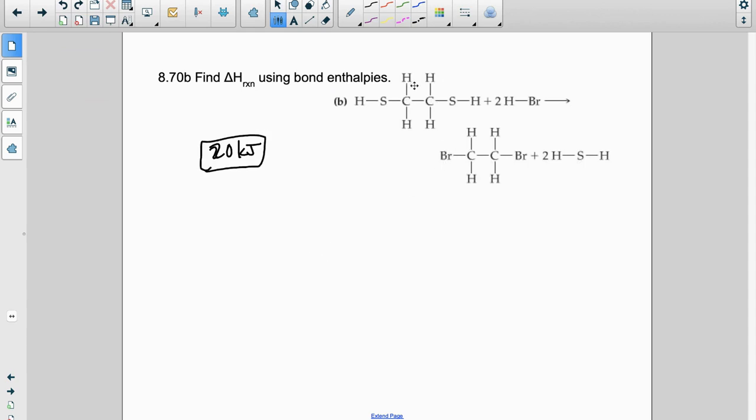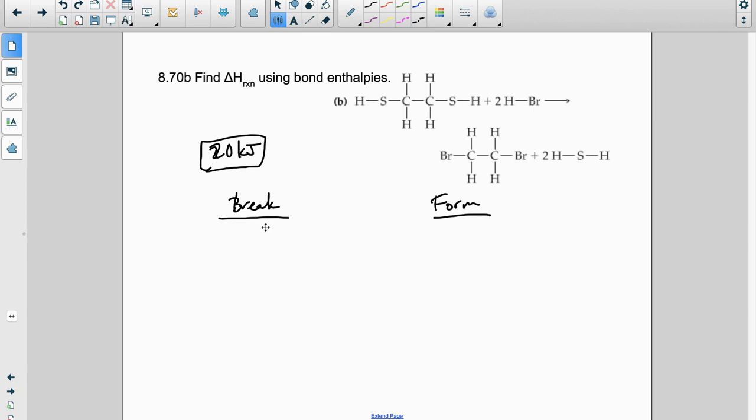Now, another technique, if it is difficult to see which bonds to break and form, one thing that you can do is just break every bond, form every bond, and list them, and then get rid of the duplicates, right? If you have to break and form a bond, then nothing's changing with that bond.